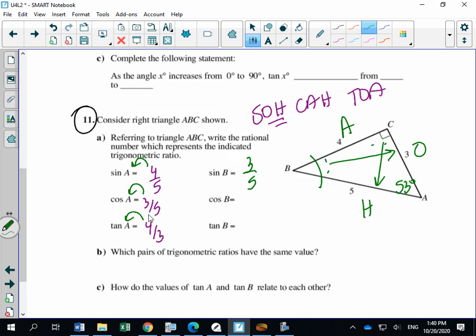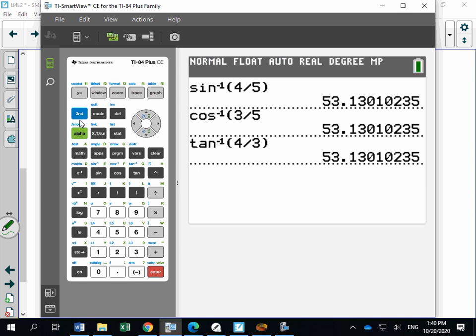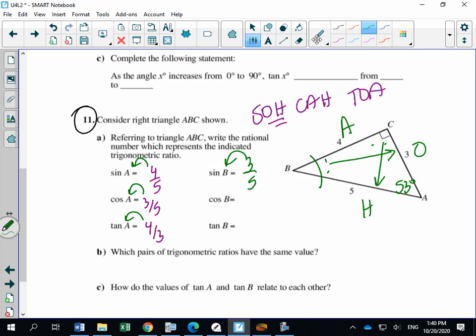And let's calculate what angle B is. Angle B would be the inverse of that, so the inverse sine of 3 over 5. Angle B is going to be 37 degrees. So if I put that in, yes, Piper.